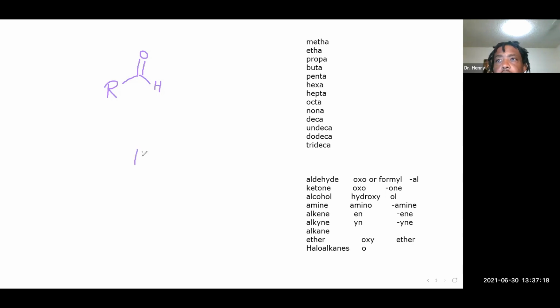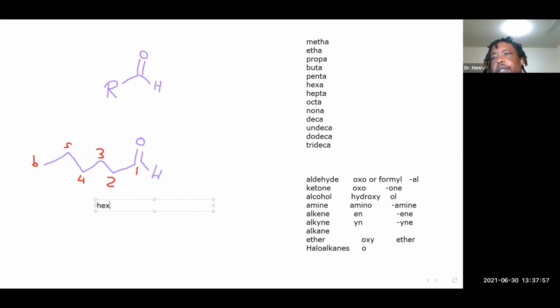The way that we would name this guy, you count the carbons, you start your first carbon at the site of your functional group. So that's 1, this is 2, this is 3, this is 4, this is 5, this is 6. So this guy would be called, what is a 6 carbon chain?